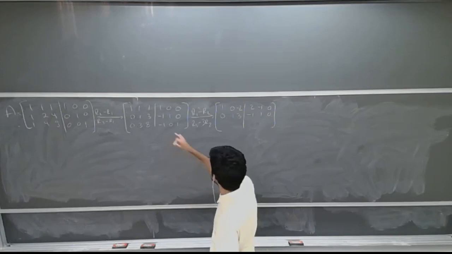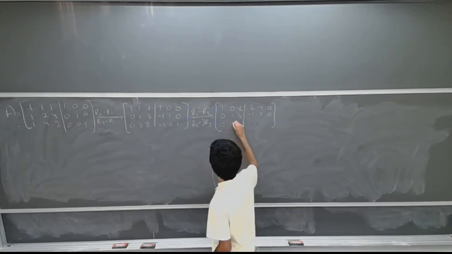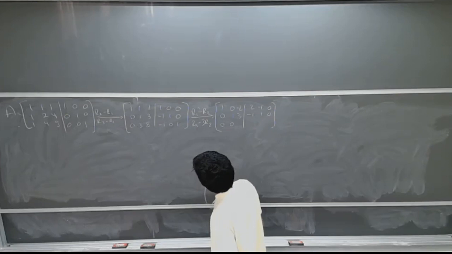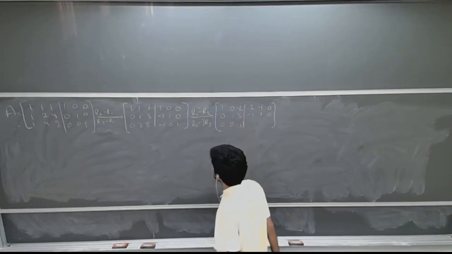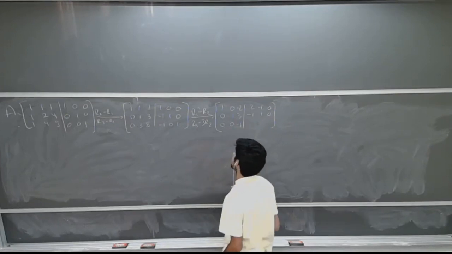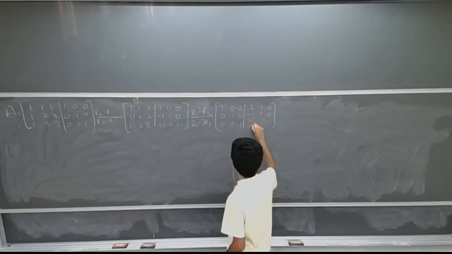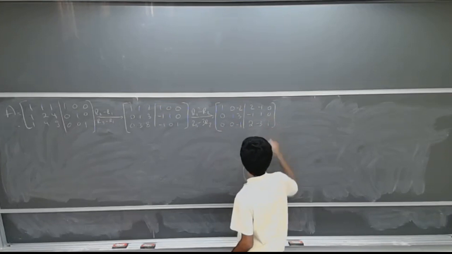And then we'll do row 3 minus 3 copies of that. So it'll be 0, 0, negative 1, minus 3 copies of that would make it a positive 2, minus 3, and then 1.